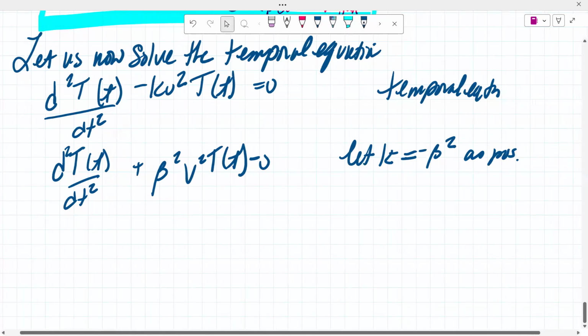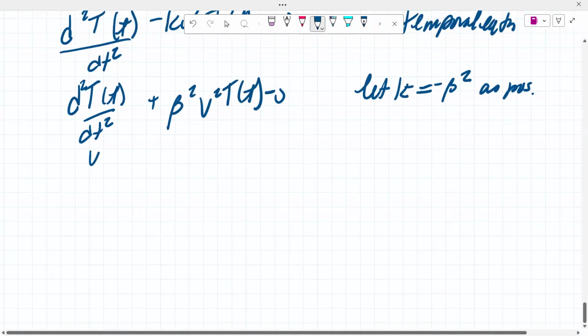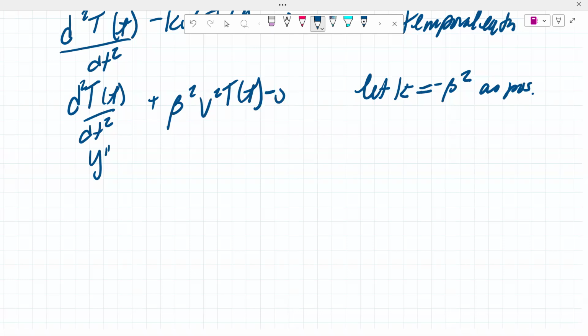And now we have y double prime plus 0 y' plus beta squared v squared y equals 0. This is right in Newton's notation.